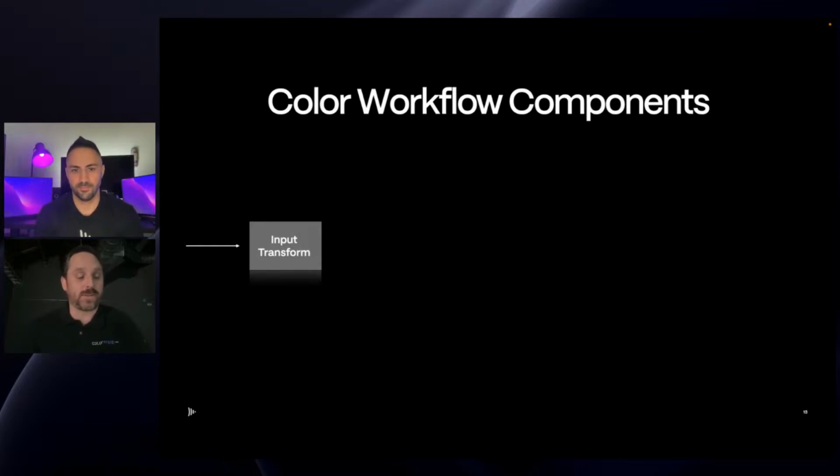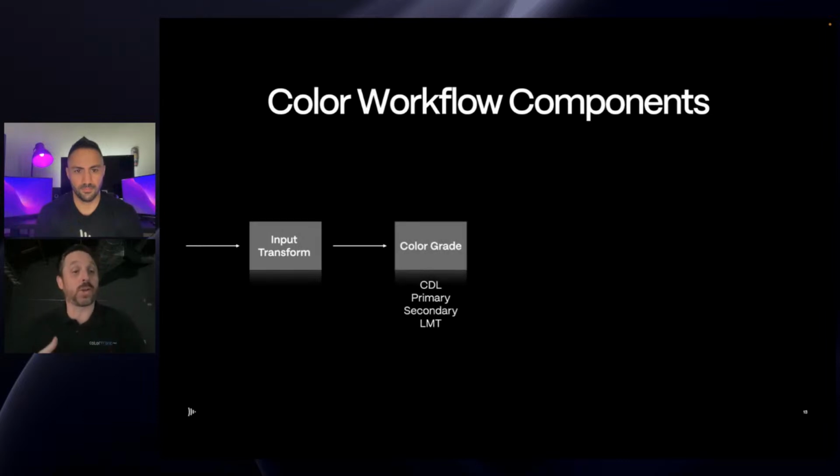This input transform is basically, I know that this is a Sony, and I'm going to translate this into a working color space that I can then do my color grading, color correction, all in that same piece. What it allows you to do is shoot on a Red camera and an Alexa camera at the same time, 2 different angles, but I can get them into the same grading space.